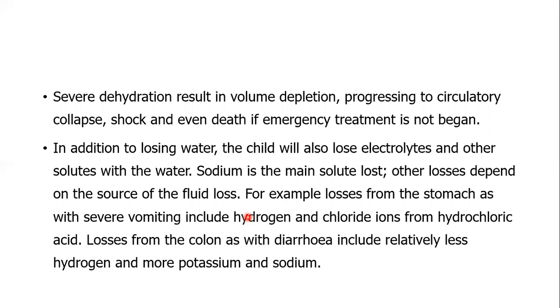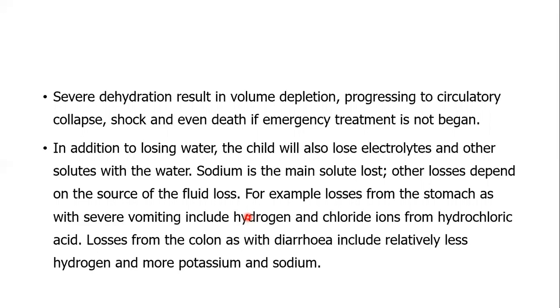In addition to losing water, the child will lose electrolytes and other solids with the water. So there's not only a fluid shift, but also an electrolyte shift going on in dehydration. Sodium is the main solid lost. Other losses depend on the source of fluid loss.